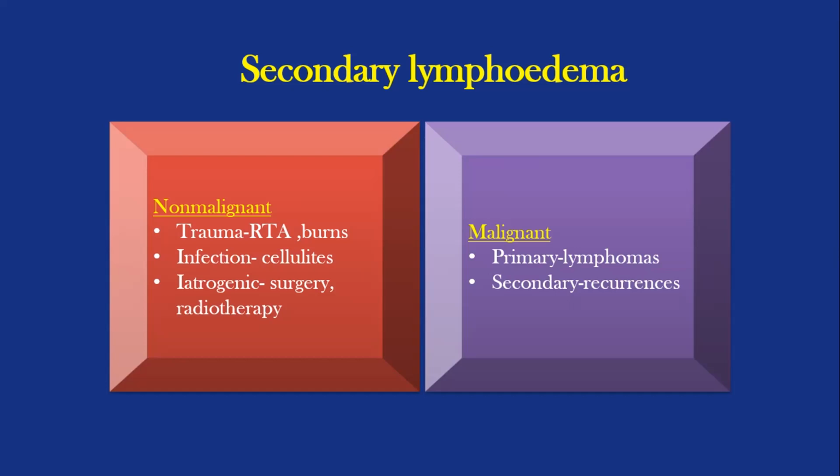So there are no adjacent lymph nodes to carry the lymphatic fluid to the upper body, and there is a chance of that patient developing lymphedema. Again, radiotherapy. Among malignant causes, primary lymphomas directly affect the lymph nodes and can develop lymphedema, and so can secondary recurrence. Some metastasis patients can also develop lymphedema.